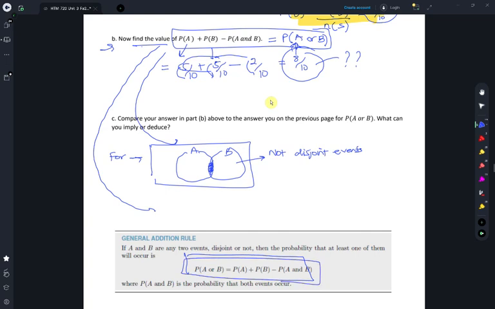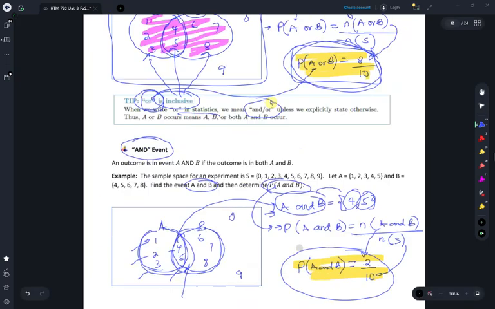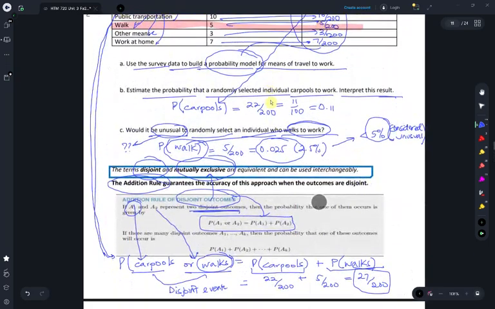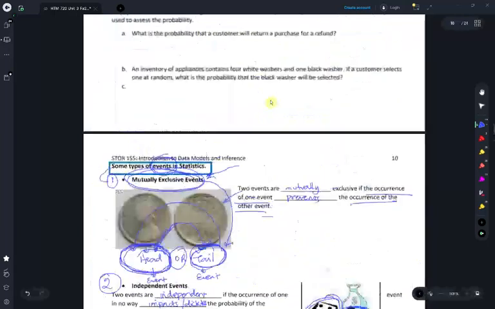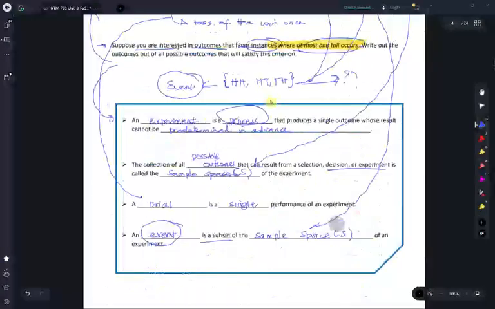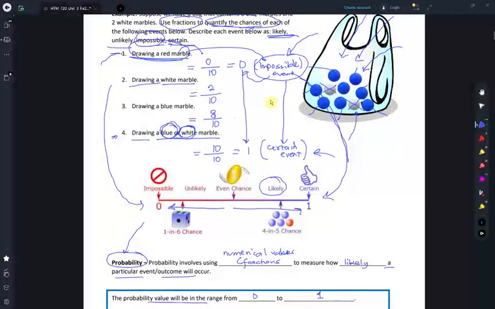So this holds for not disjoint events. But you might notice that this says for two events, disjoint or not. Well, why does it apply to disjoint events? Because if you go back to disjoint events, you will notice that the probability of carpooling and driving alone, if you are only allowed to use only one means of transportation, is the probability of an impossible event. In the beginning, we learned something very crucial, that the probability of an impossible event is always 0.